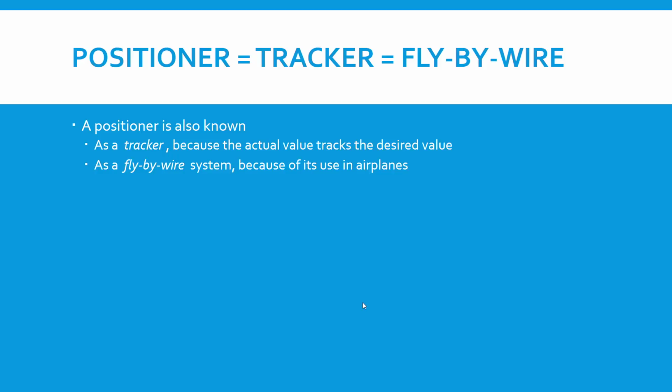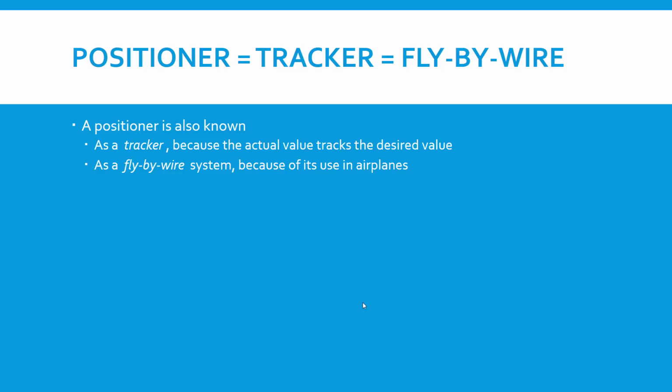A positioner also has other names, and it's known, for example, as a tracker. That's because the job of the loop is actually to track a changed input value. So you can change the input value over and over again from one point to another point depending upon what you're trying to do.